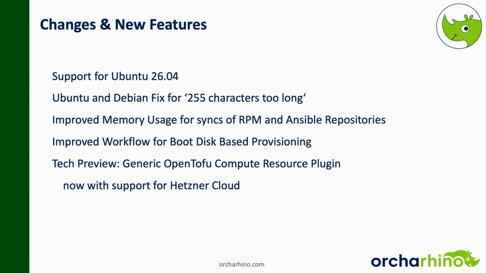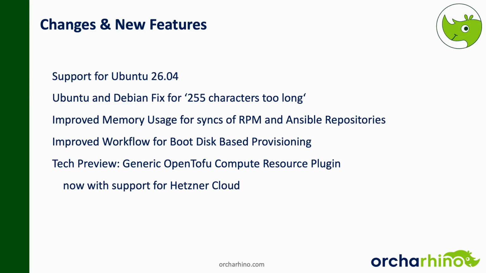Also, orcharhino 7.8 comes with new tech previews. Orcharhino now includes a new generic compute resource integration based on OpenTofu. The new approach makes it easier to add support for additional compute providers without requiring a dedicated plugin for each platform. Instead, orcharhino uses OpenTofu providers from the OpenTofu registry to communicate with supported compute resources.